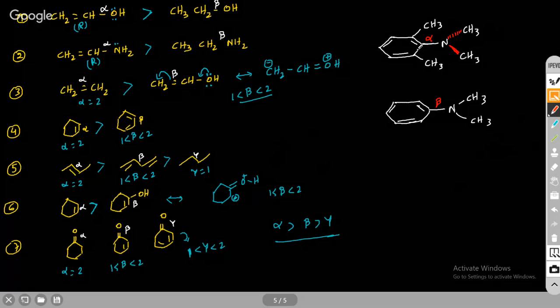Now, the essential condition of resonance is what? The molecule must be planar. So whatever electron pair we have here, since it is not planar molecule, it has changed its plane, right? This lone pair is not involved in resonance.